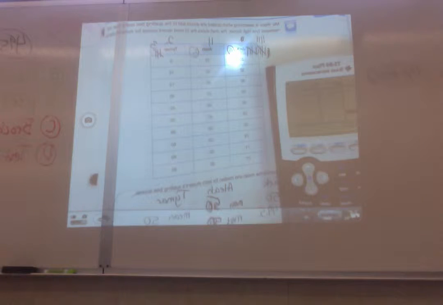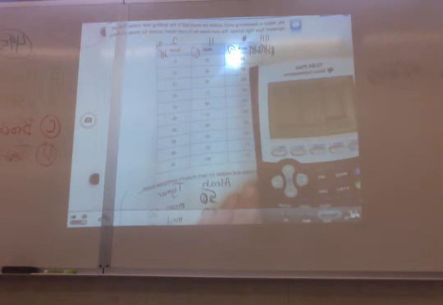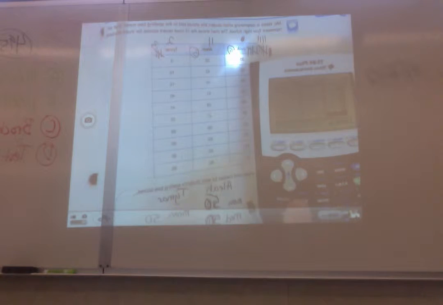Never mind, I have a second calculator. All right. Enter stuff into a list. Stat, calc, one variable. I was in list 1, so we're good. Enter, enter, enter.